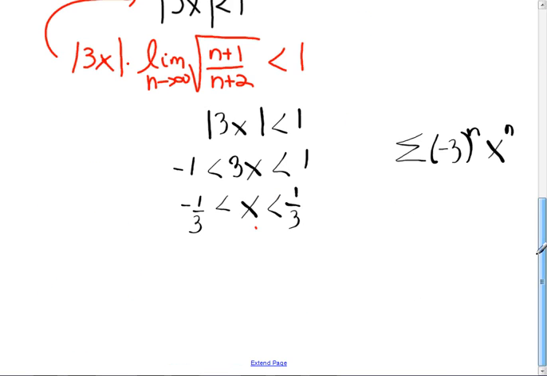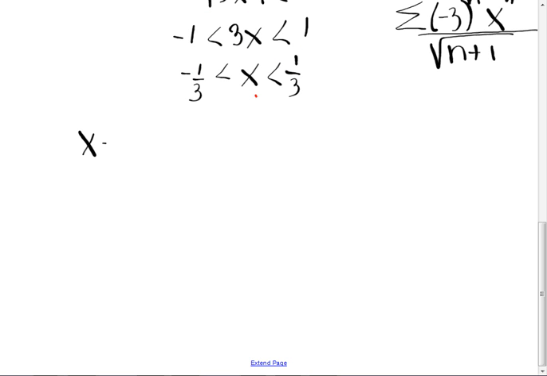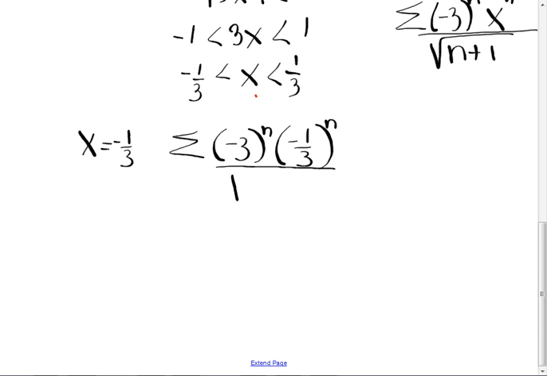Oh, square root of n plus 1. Now should we try x equals positive 1/3 or negative 1/3? Doesn't really matter. We'll try the negative. X equals negative 1/3, so it's the summation of negative 3 to the n, negative 1/3 to the n, over the square root of n plus 1.